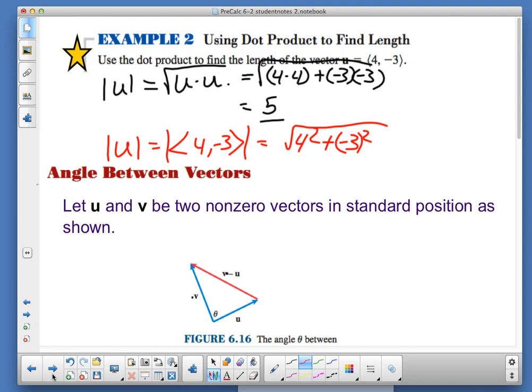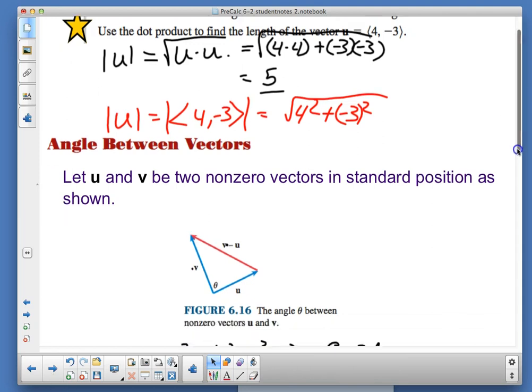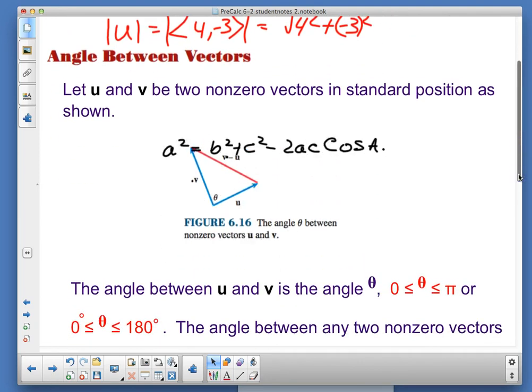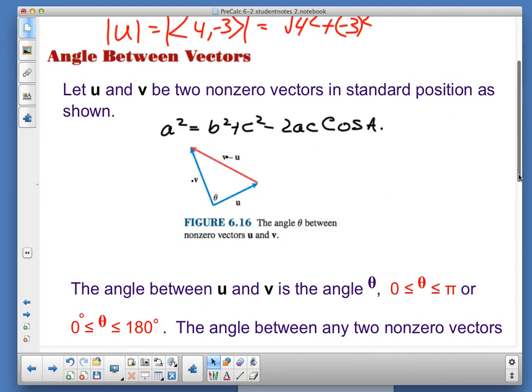Now, let u and v be two non-zero vectors in standard position as shown. Do you recall something from chapter 5? It looks like this: law of cosines. Horrible thing, right?